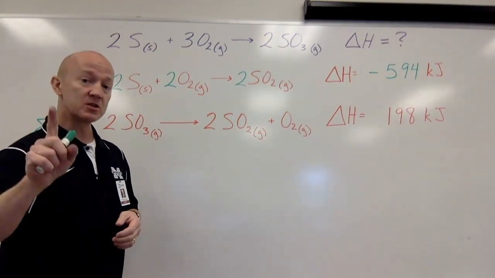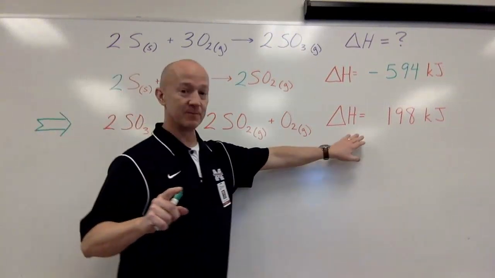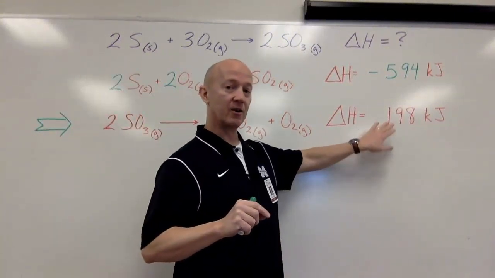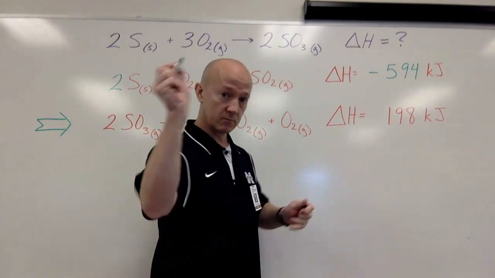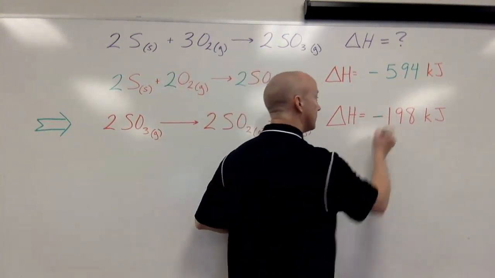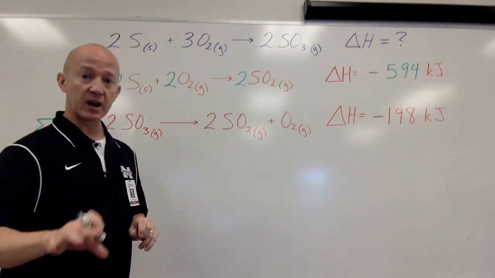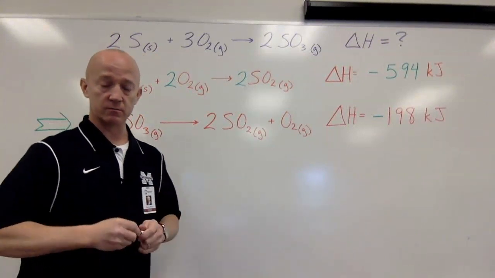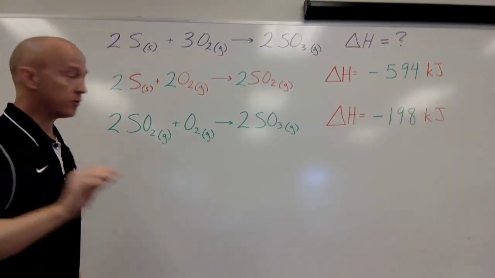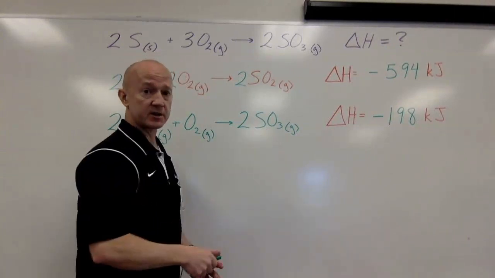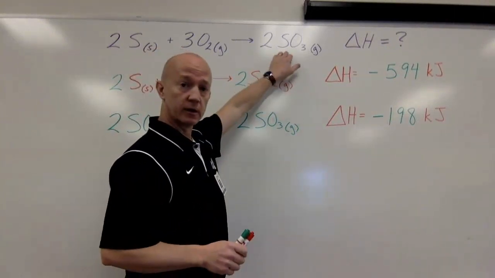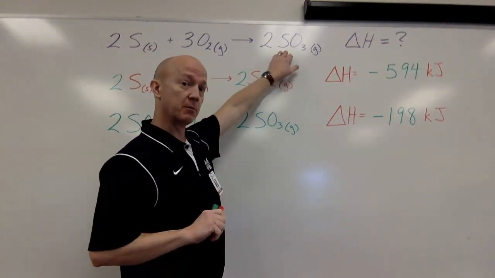But in doing so, I also need to reverse the sign on my enthalpy change, like so. So I'll make the change and you'll see the result. Now that's a little better. Notice that my sulfur trioxide is now a product, like it should be for the reaction I'm looking for.